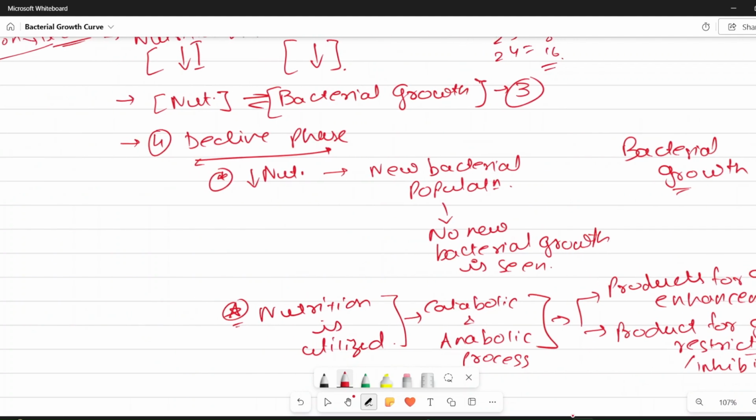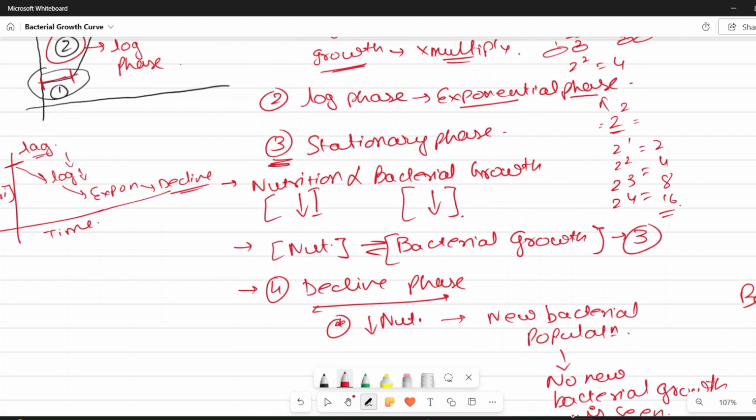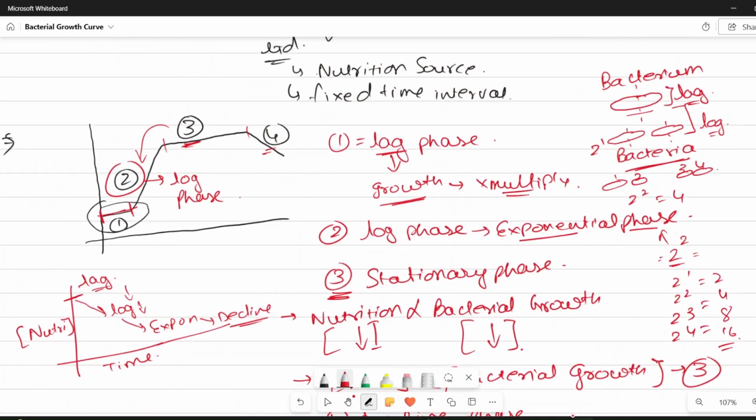That's why we can see that immediately after the third phase or the stationary phase comes the decline phase.